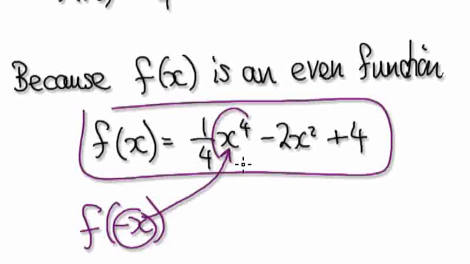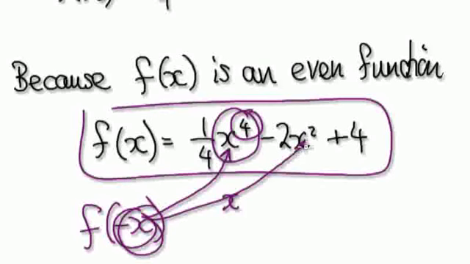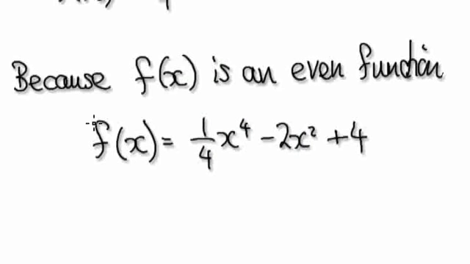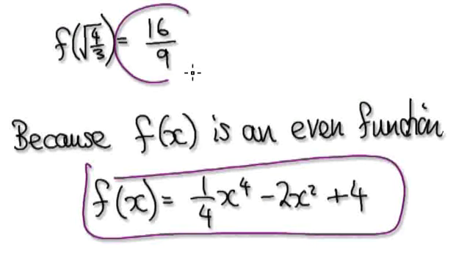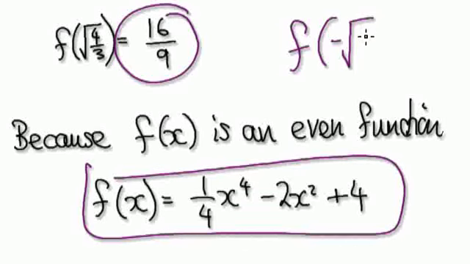Then if you look at this here, to the power of 4, well, minus x to the power of 4, the negative disappears because it's to the power of 4. And then when you apply this transformation, when you square it, the negative goes. The point I'm trying to make is that this function is an even function, meaning that once you've got this value, this is the negative version.